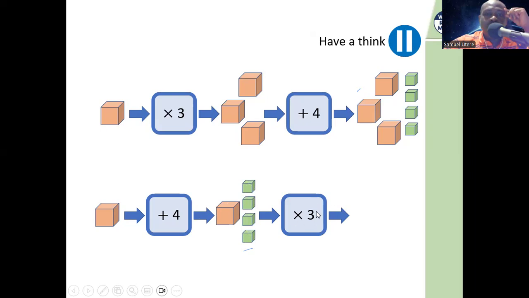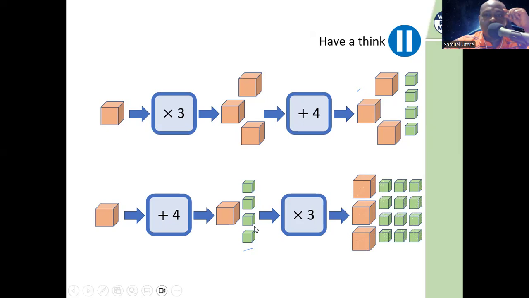Now, if we are making 3 lots of this, then it means we have 3 lots of the orange block, let's call it orange, and 3 lots of the 4 green blocks. So we will actually have this. So 3 lots of that and 3 lots of 4.